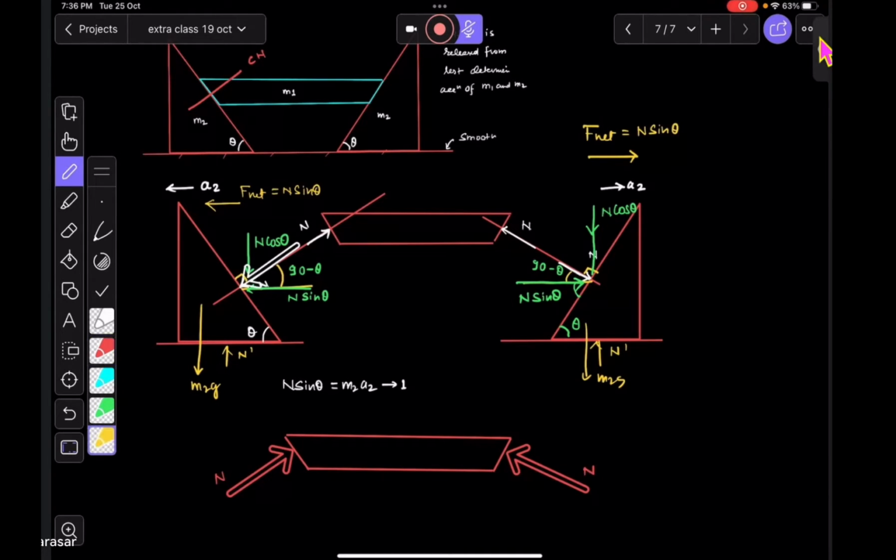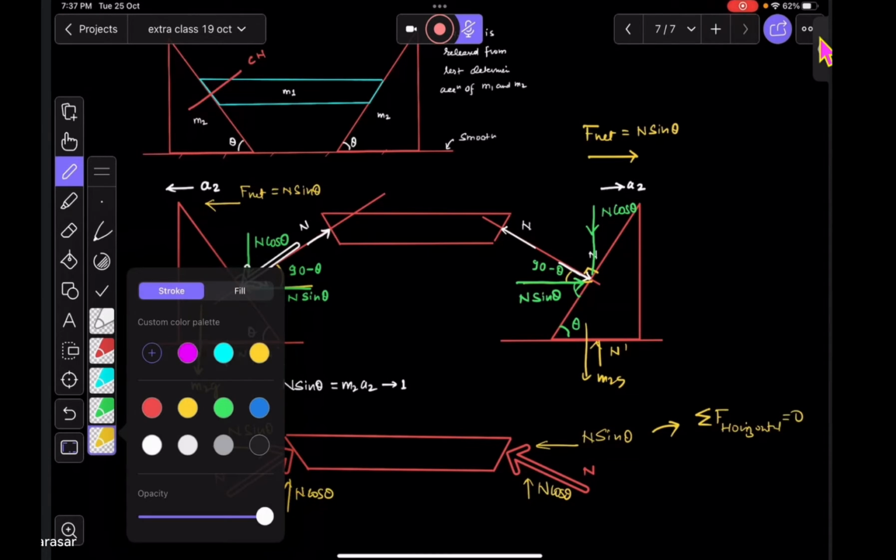Its components are N cos theta upward, and again from this side N sin theta along horizontal and N cos theta upward. So for this rod, the net force along the horizontal direction is going to be 0.